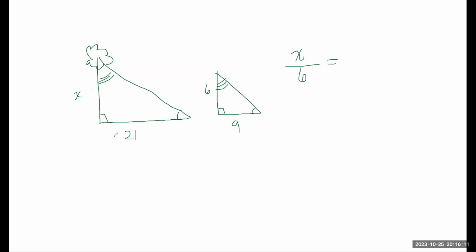The shadow, or the length of this triangle, is 21, and that corresponds to, in our little triangle, 9. I could reduce 21 over 9, or I can just go ahead and cross multiply. I think I'll just cross multiply. 9x equals 21 times 6.